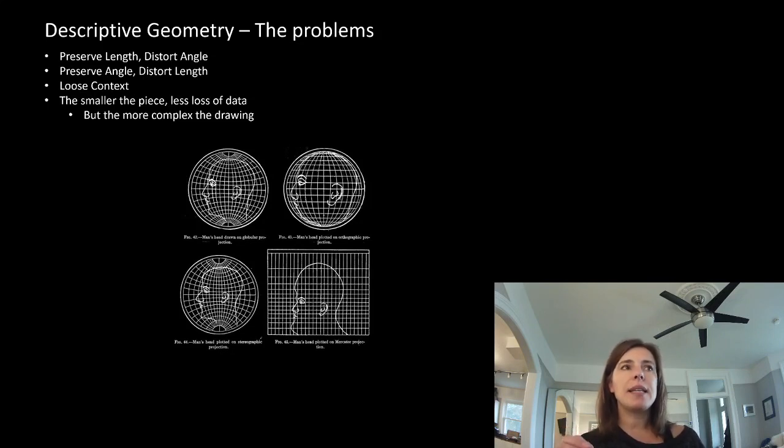But the big takeaway is that the smaller the piece, the less loss of data there is, but it starts to get really complex and difficult to convey that information. So you can see a person's head in a few different methods of descriptive geometry.